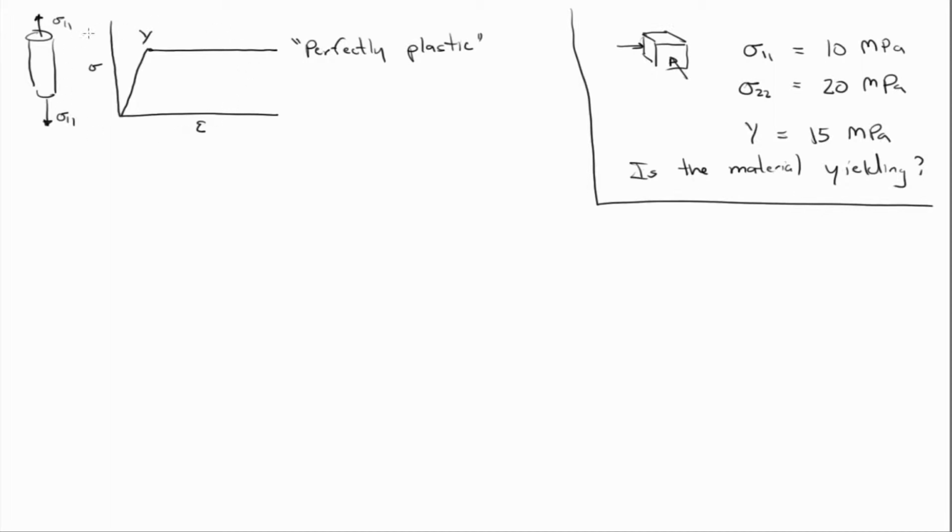Everything I've looked at over here is just one-dimensional. It wasn't a complex loading scenario, right? If I only have sigma 1,1 and it's 10 megapascal, and y, which is the yield point, is 15 megapascal, and I ask you the question, is the material yielding? What's your answer?